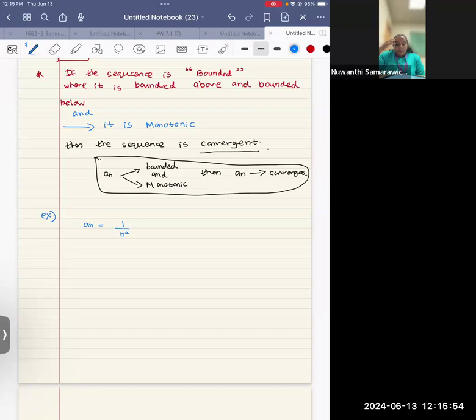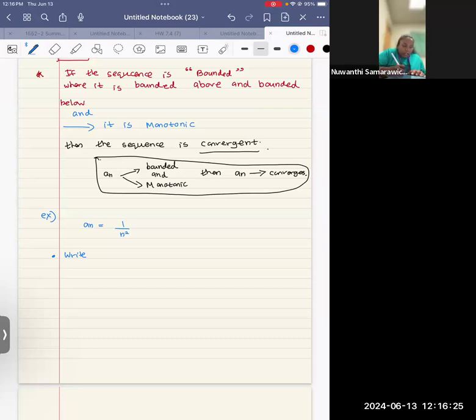We can either graph this sequence and check whether it is decreasing or increasing, or else we can write the first terms and look. So let's do some of the ways that you can check.